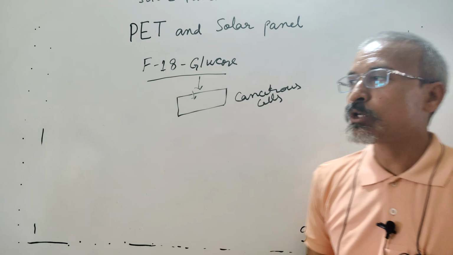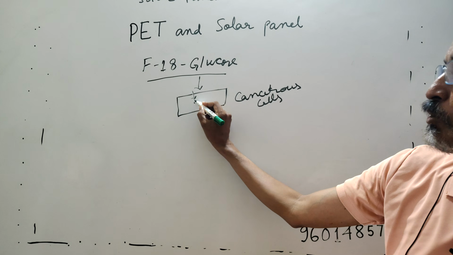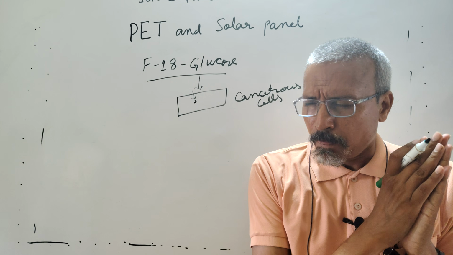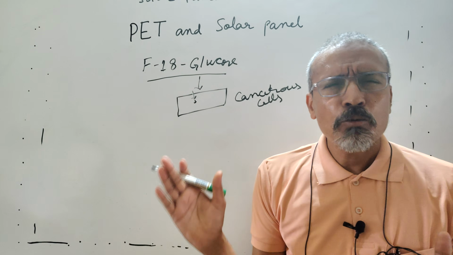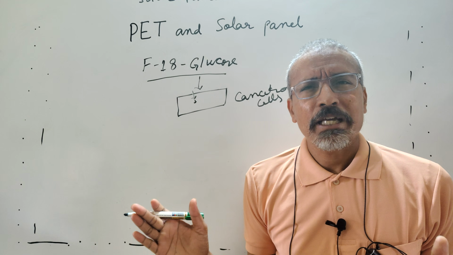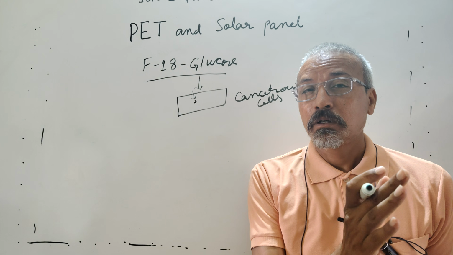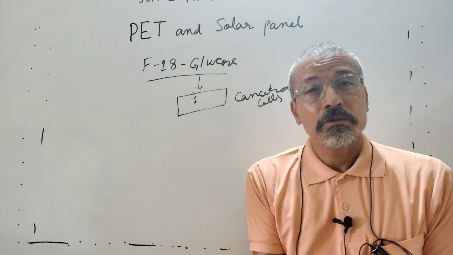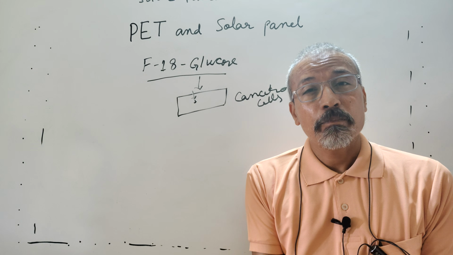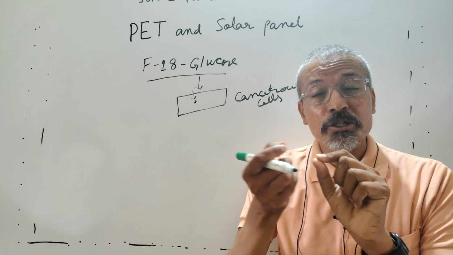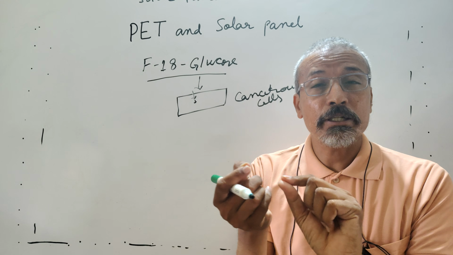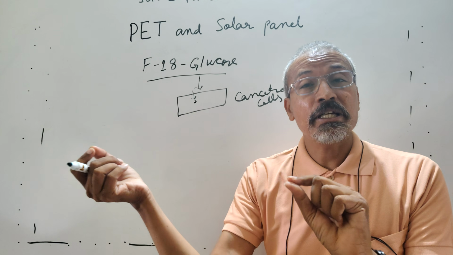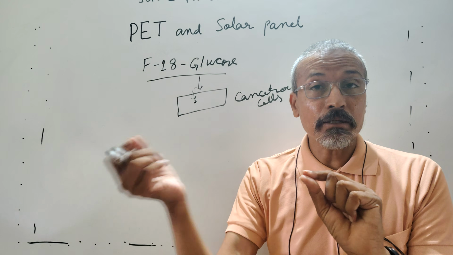The positrons are ejected from the atom at the same moment they are produced, because of the high repulsion between the positron and the protons inside the nucleus.